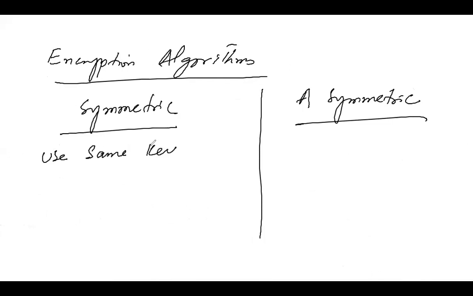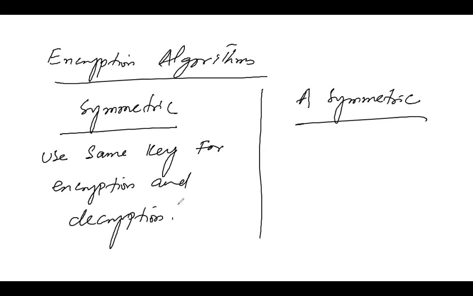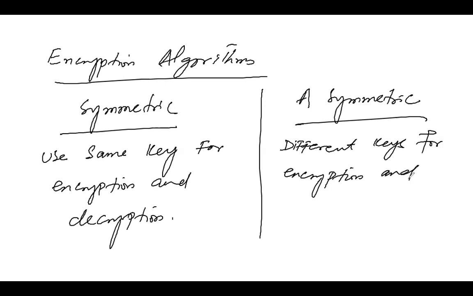So in symmetric, we use the same key for encryption and decryption, while in asymmetric, it uses two keys for encryption and decryption.